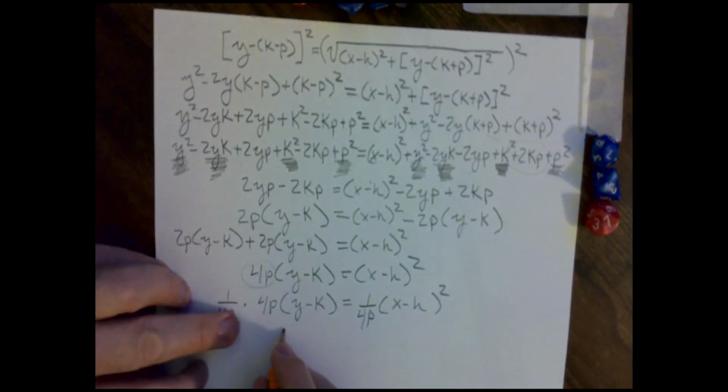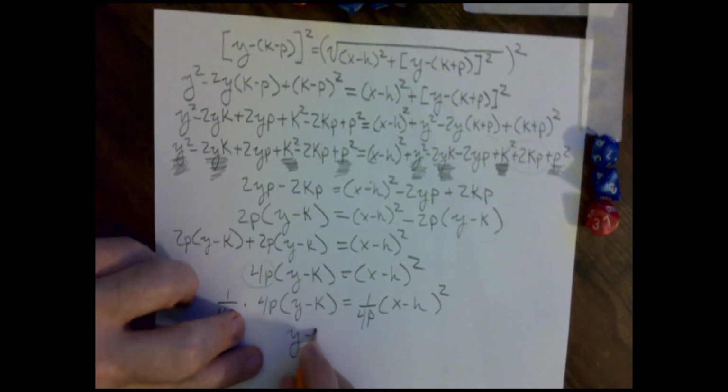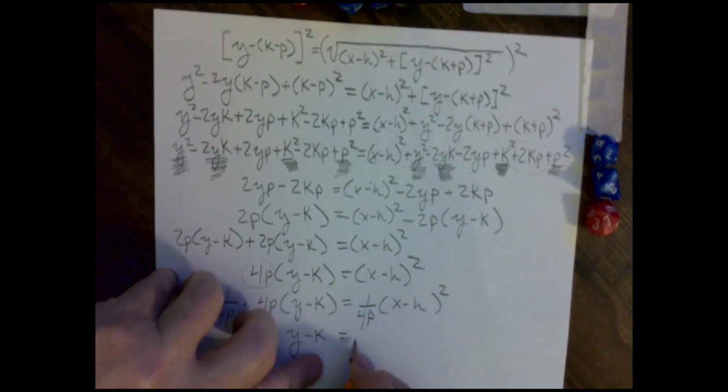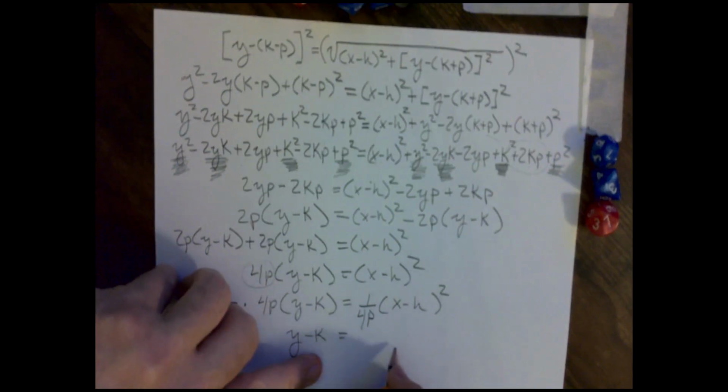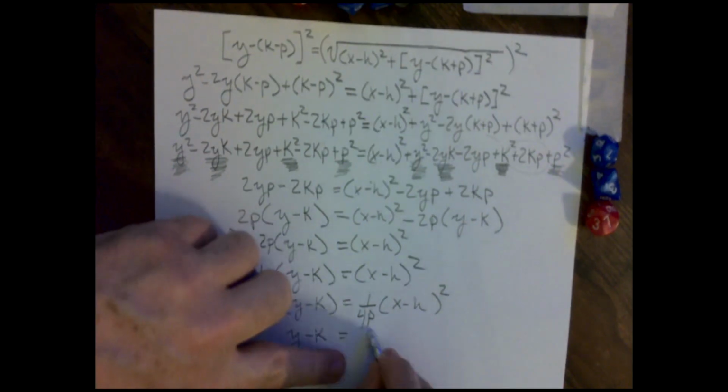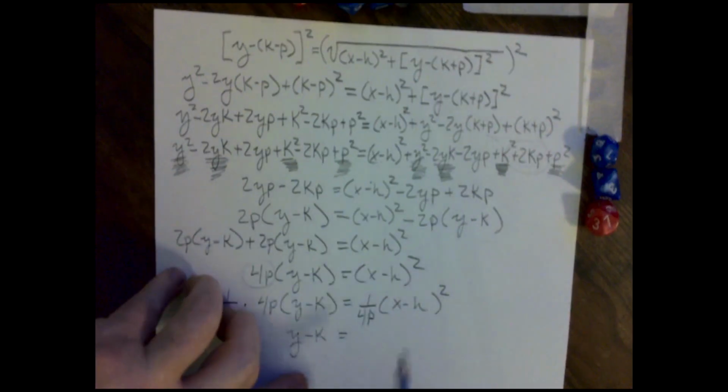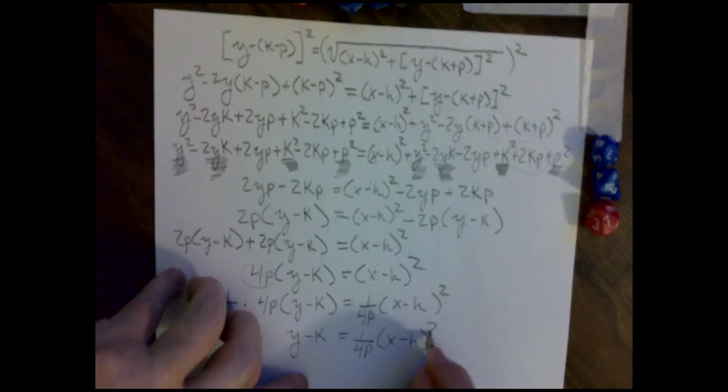And there we go. Y minus k equals, oops, this is in the way of this line. I'm going to have to rewrite it. 1 over 4p x minus h squared.